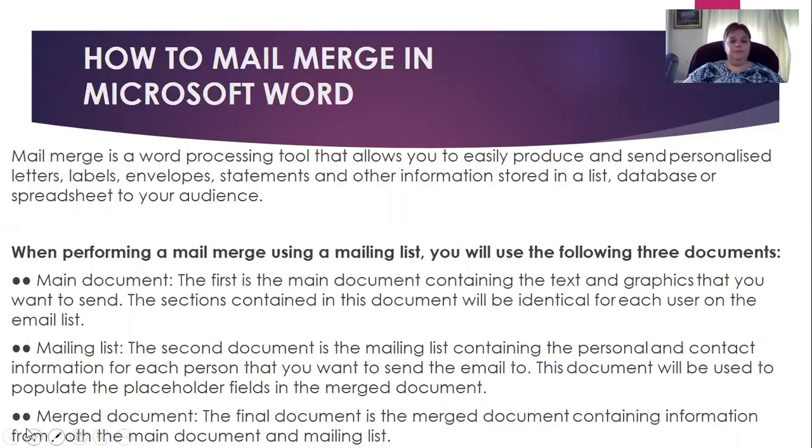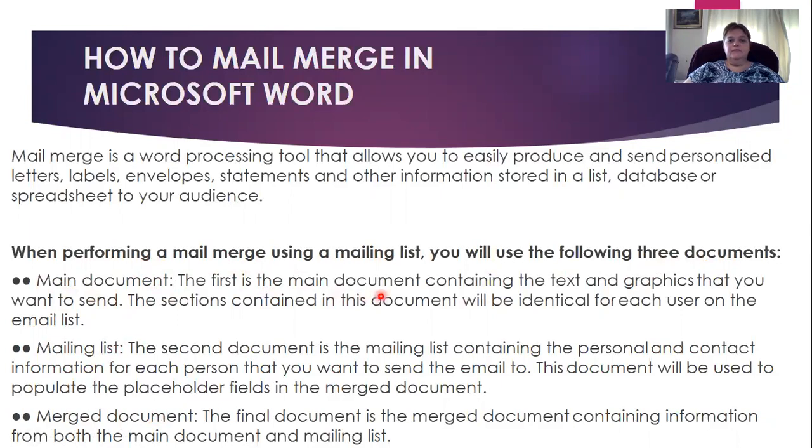Okay, so when performing a mail merge using a mailing list, you will use the following 3 documents. The first is the main document, the second is a mailing list, and the third is going to be your merged document. Okay, so let's start with the main document.